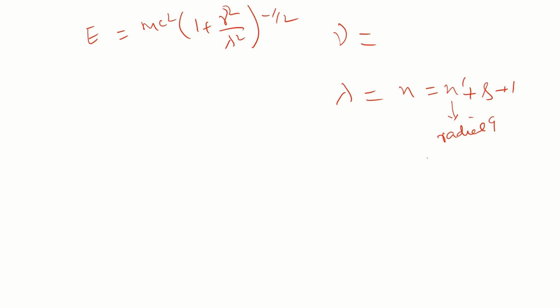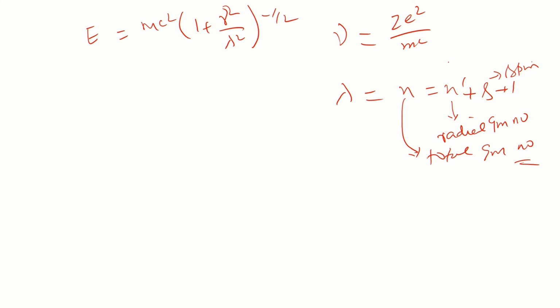All these are quantum numbers: radial quantum number, s is spin quantum number, and n is total quantum number. So, based on quantum number, the constant lambda is to be calculated, whereas nu square is a constant value, Z square by MC like that.